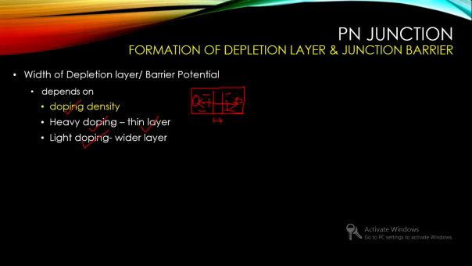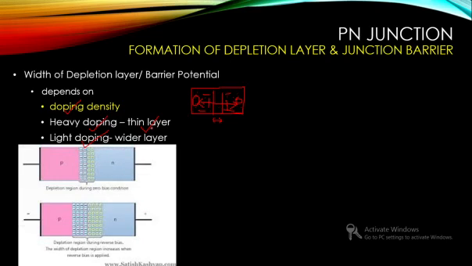So heavy doping will decrease the width of the layer. That is mentioned here: heavy doping, very small layer. If it is light doping, then there are few carriers, and hence they have to travel more distance to meet, and hence there is a possibility of a wider depletion layer.